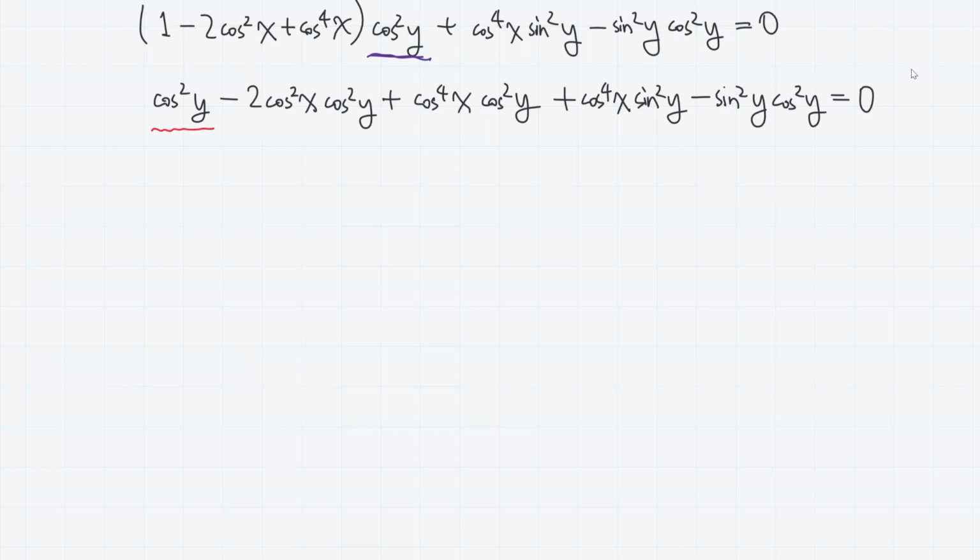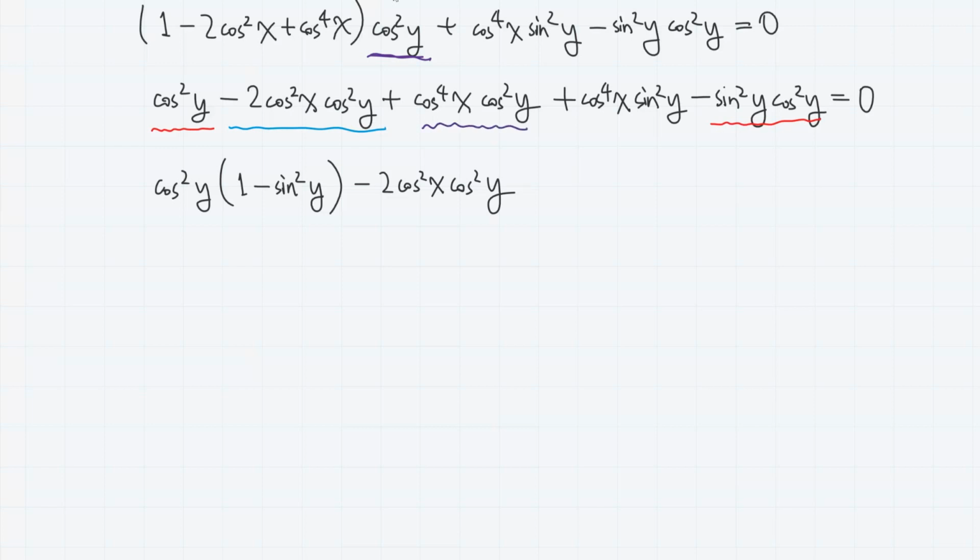Notice that this and this can be grouped as cosine squared y times 1 minus sine squared y. Then we have minus 2 cosine squared x cosine squared y. And this can be written as cosine to the power of 4x times cosine squared y plus sine squared y.